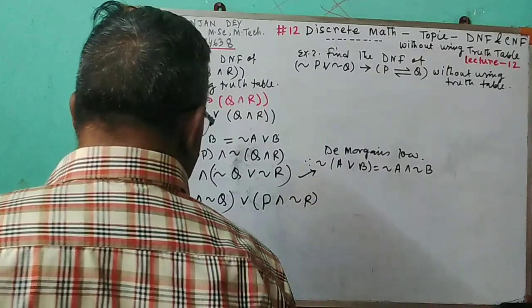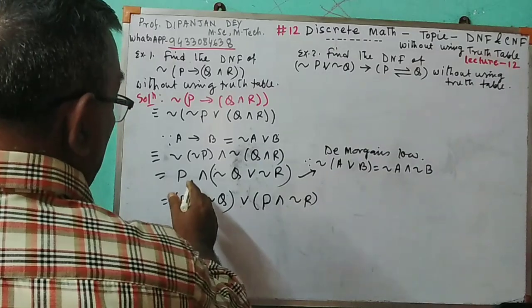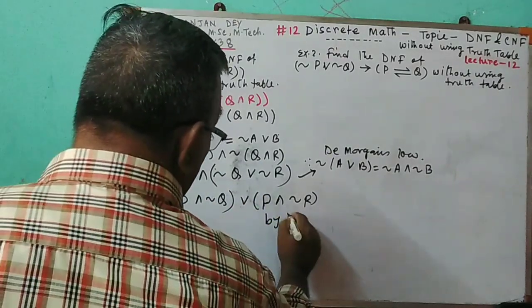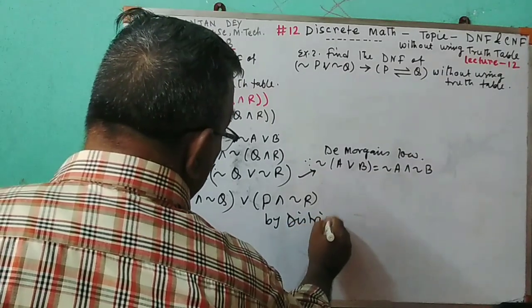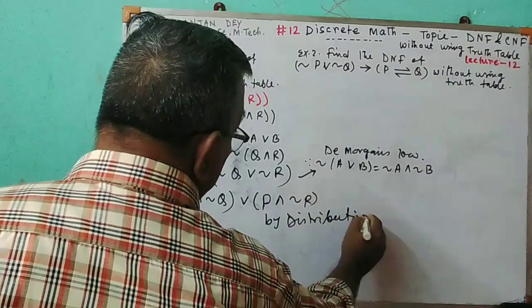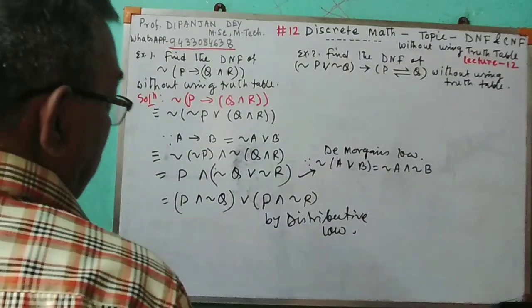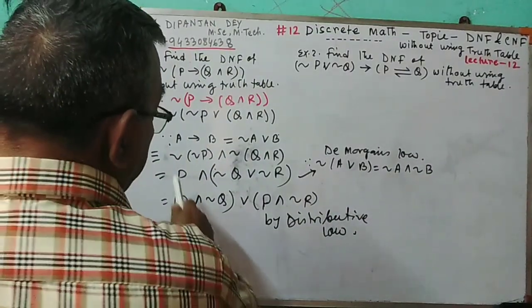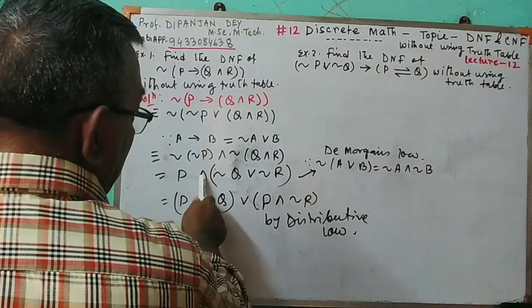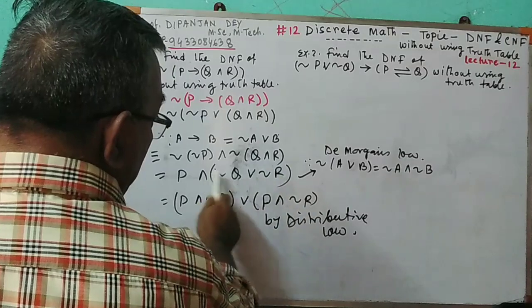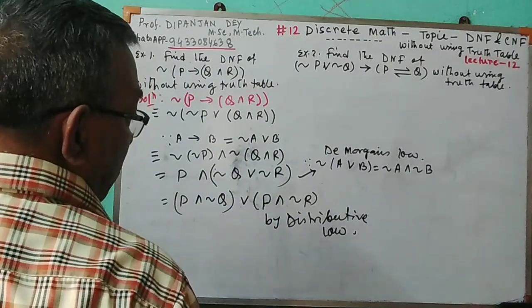So this is the form. That is what I am doing here by distributive law. You know distributive law. How to apply it? This with this, with conjunction, and here is disjunction, these two, this with conjunction here, by distributive law.